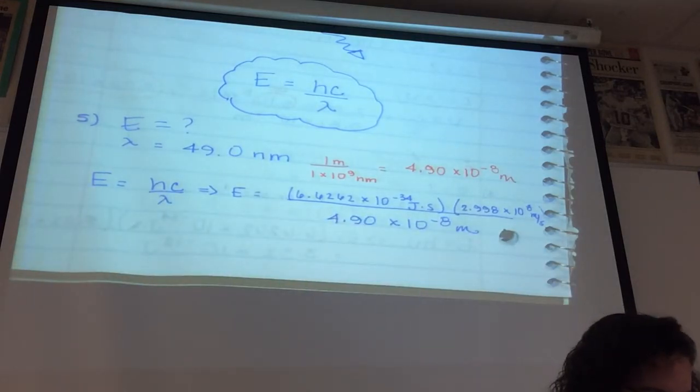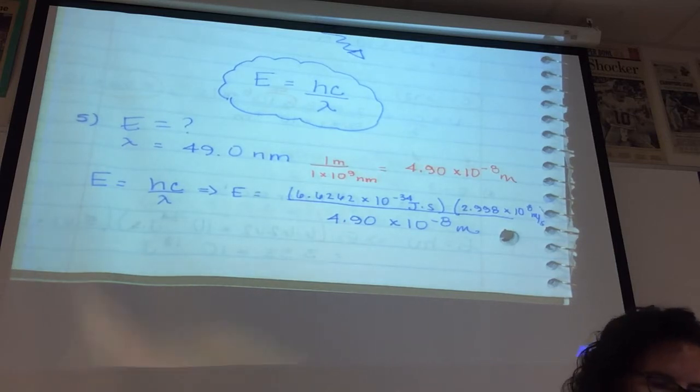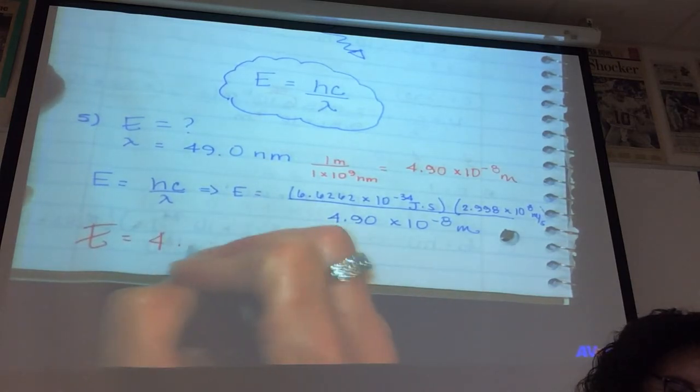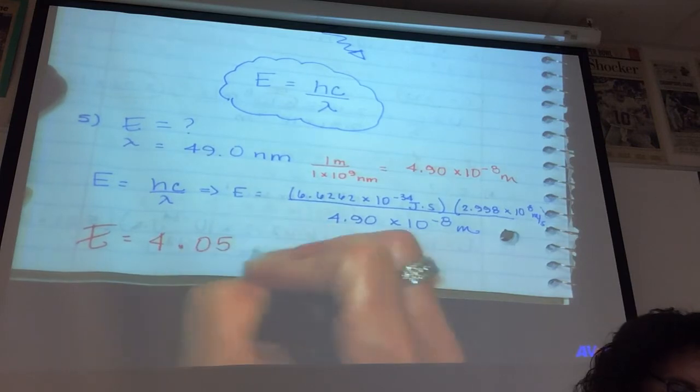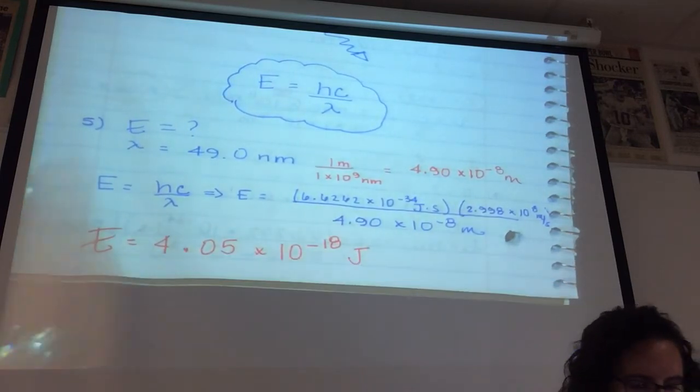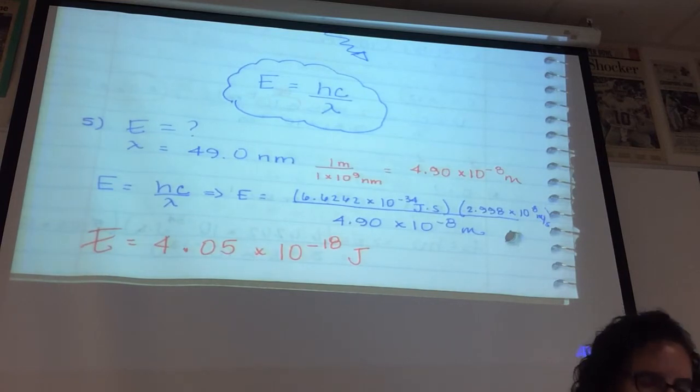I've got both constants on top. And I've got an energy of 4.05 times 10 to the negative 18 joules. And let's review what we did there.